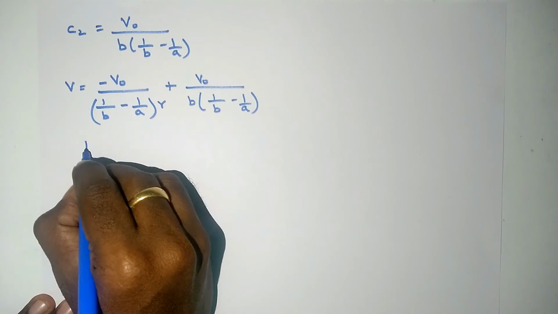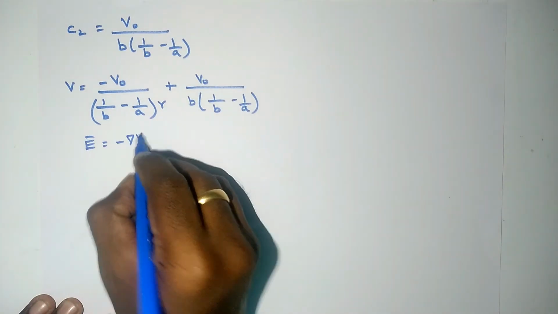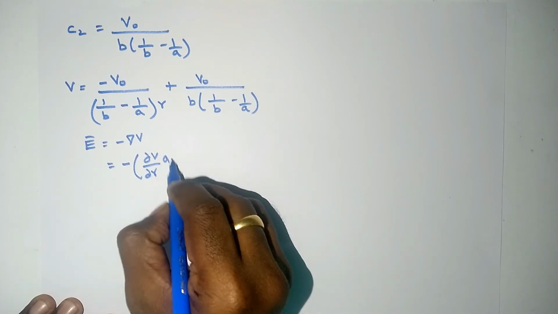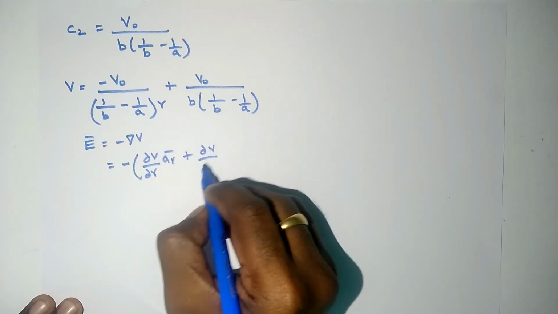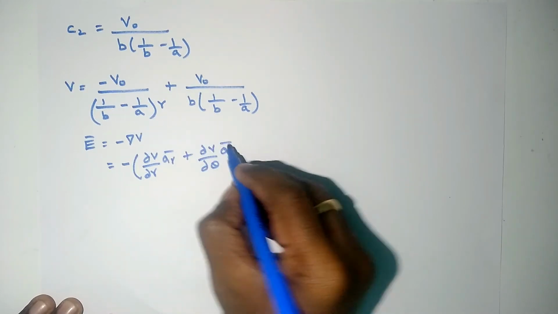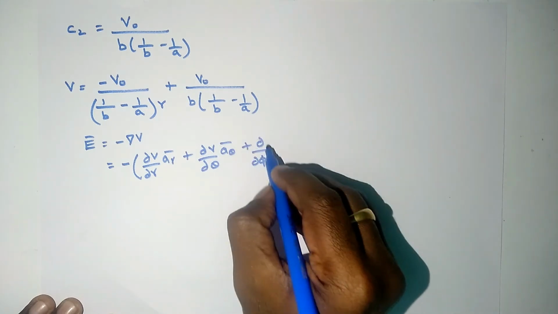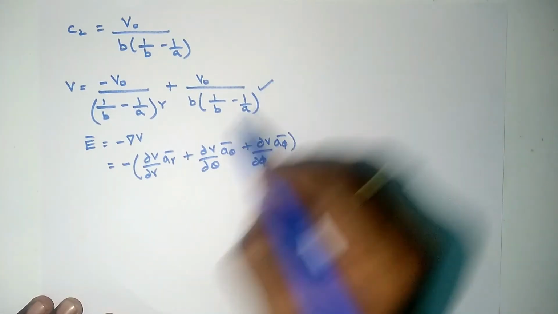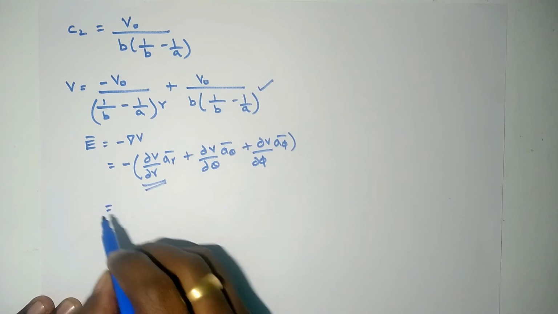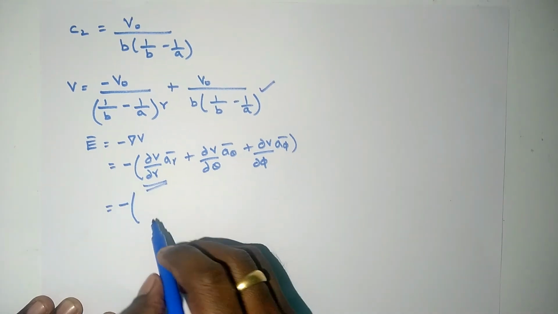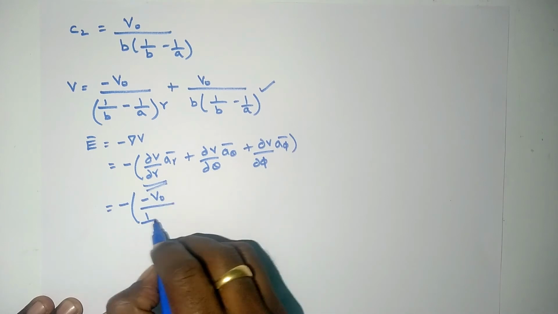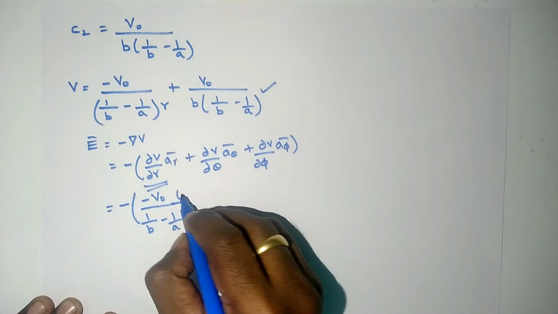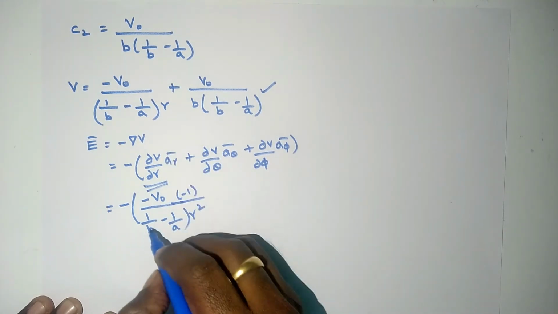It can be related as E vector is equal to minus del V, which is written as minus dou V by dou R into AR vector plus dou V by dou theta A theta plus dou V by dou pi into A pi. Now differentiating this V with respect to R, you will get minus of minus V naught divided by 1 by B minus 1 by A. Differentiation of 1 by R will be equal to minus 1 by R square.